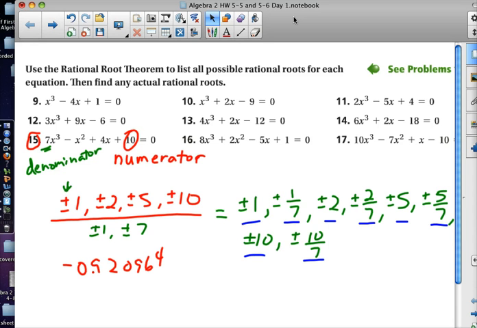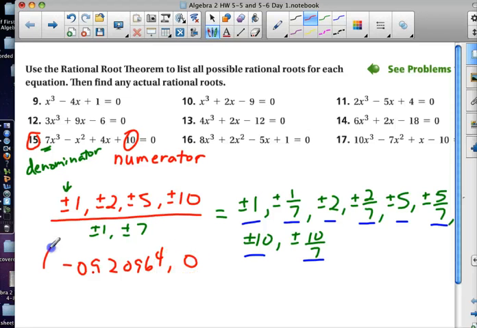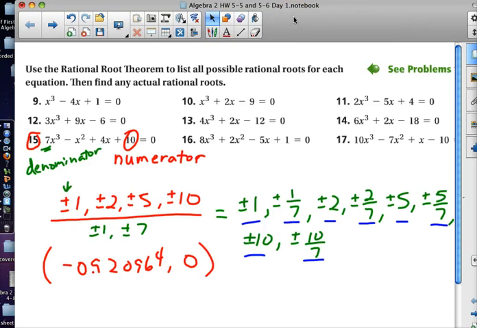And this time it's not, and that happens sometimes. So my 0 right here of negative 0.920964 didn't happen to be, remember this is just a list of possibles, it's a list of things to try. So it didn't work out as one of the fractions that we had there.